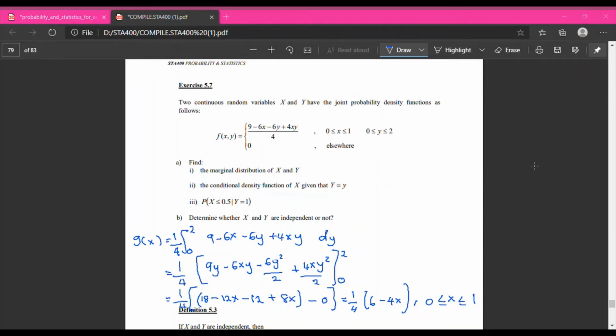And we replace x with 1 and 0. So when we replace x with 1, you will get 9 minus 3 minus 6y plus 2y.